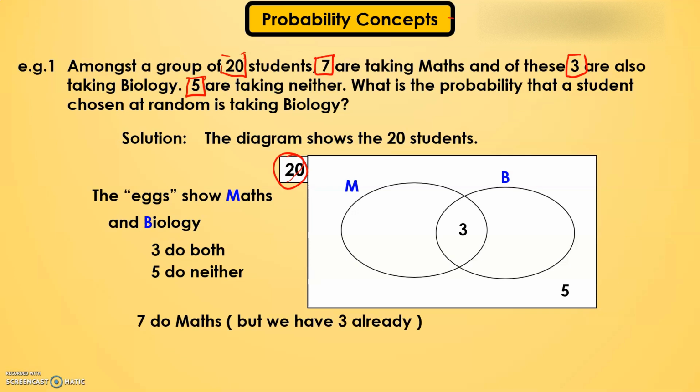7 do maths, but we have 3 already, and this is the crucial part. So we know that 3 already do that, so it must be 4. This is because the number of maths is equal to 7, so it must be the 4 and the 3 together.